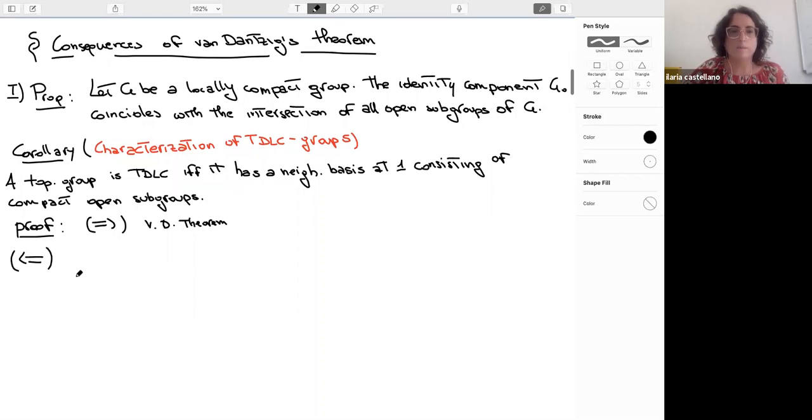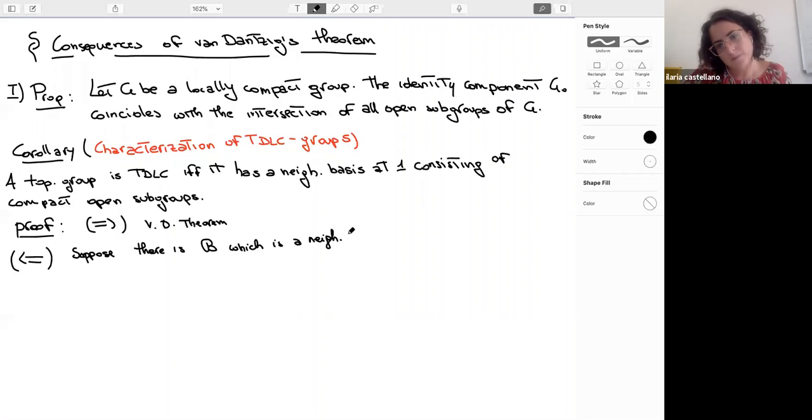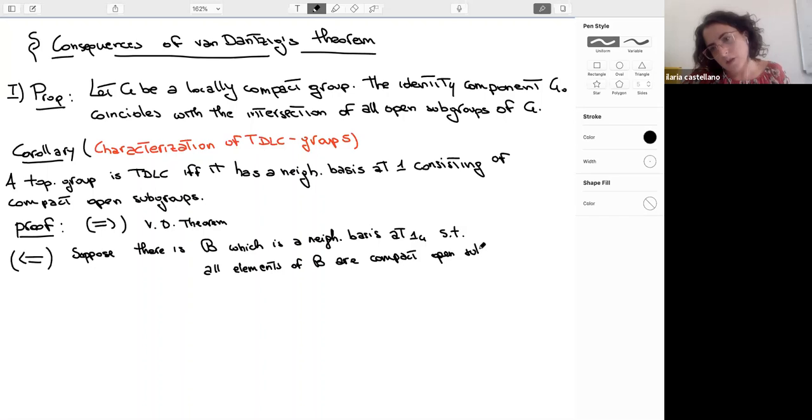So actually what we want to prove is the other implication. Suppose there is B, a neighborhood basis of the identity of G, such that all elements of B are compact open subgroups.